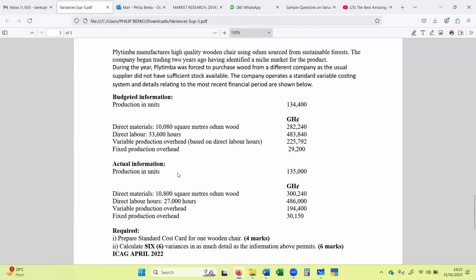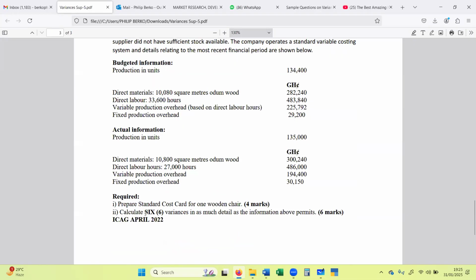And then there is this question too. We have the standard, they say budgeted information, but it is the standard, and then the actual. And they say prepare a standard cost. Even this one, we tried it. We solved it, you remember?